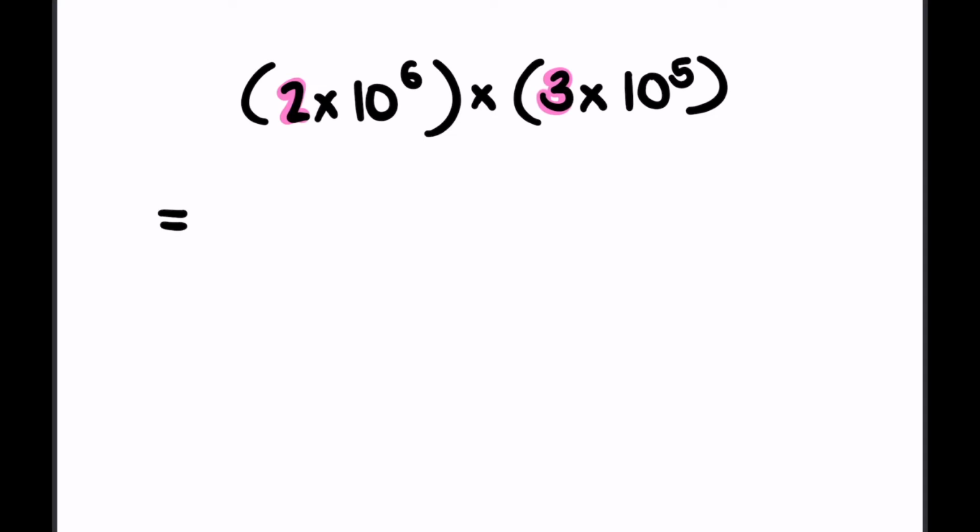I'm going to say 2 times 3 is 6. That's going to be times 10 to the power of. Now, if I look at the 10 to the power of, can you see that I'm multiplying the same base, which means that I would then add those exponents. I would add the 6 and the 5, and 6 and 5 is 11. So I would have 6 times 10 to the power of 11.